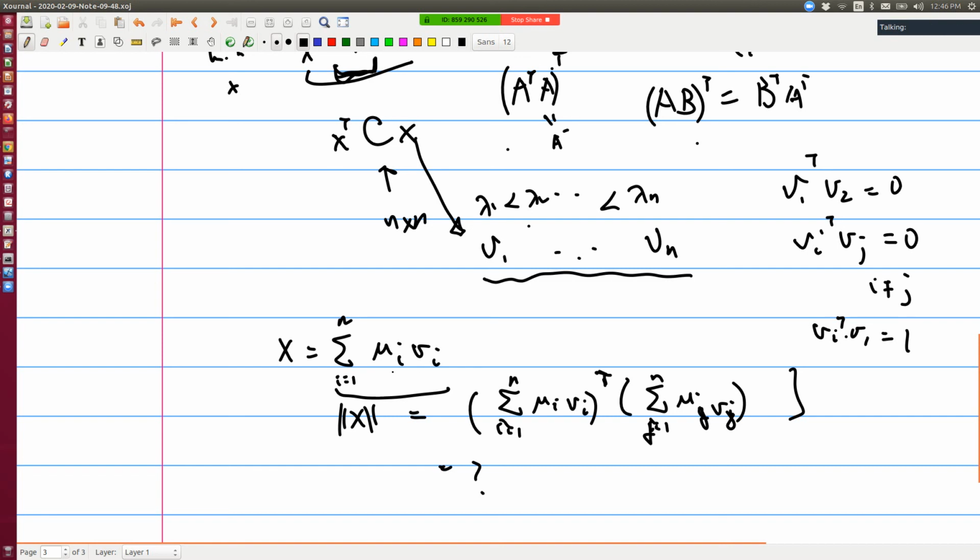To do that, I need to first know what x's norm is in terms of this representation. So the x norm is just equal to x transpose multiplied by x here. Okay? And how do I proceed?